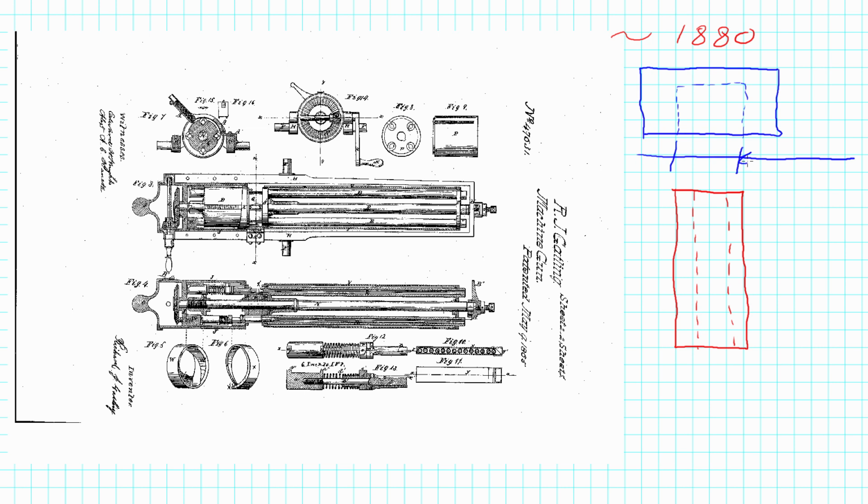So we might have here, let's say, a diameter 100, and maybe it's plus 0.2 and plus 0.1.